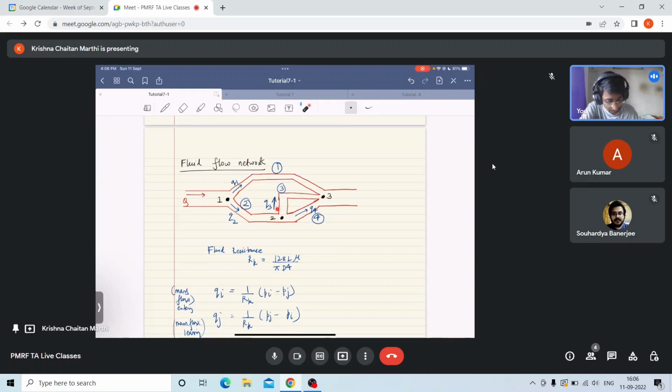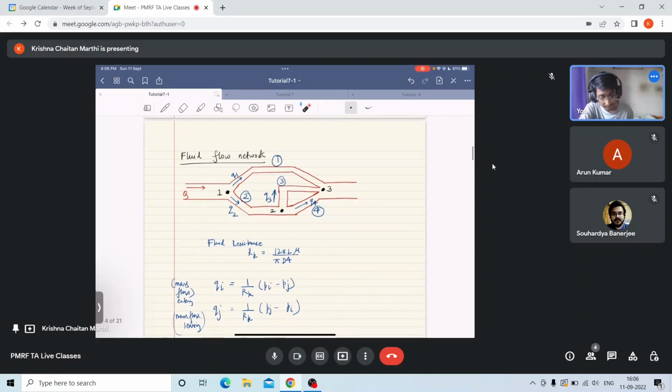Again here we have q3 and q4 as my mass flux. So the total mass flux is basically Q, and let us say the fluid resistance for this Poiseuille flow type of problem is given as Rk equal to 128 L mu divided by pi d to the power 4.